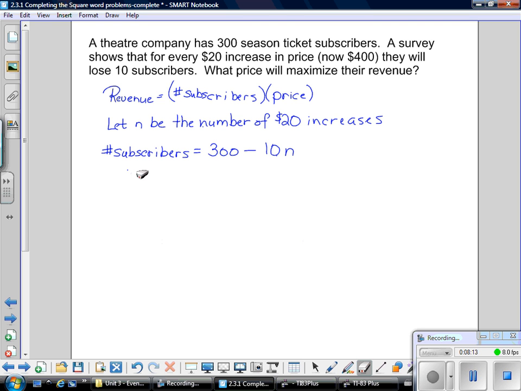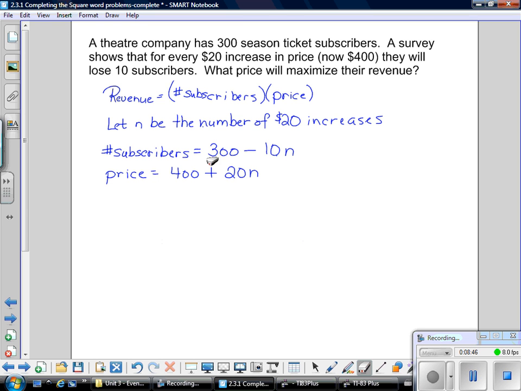But at the same time, my price is going to change. It's going to be the 400 plus $20 times the n. So the number of subscribers is 300 I'm starting with, and I'm going to lose 10 every time I increase something. My price is always going to be 400 plus 20 times the number that I increase. So I have two equations here.